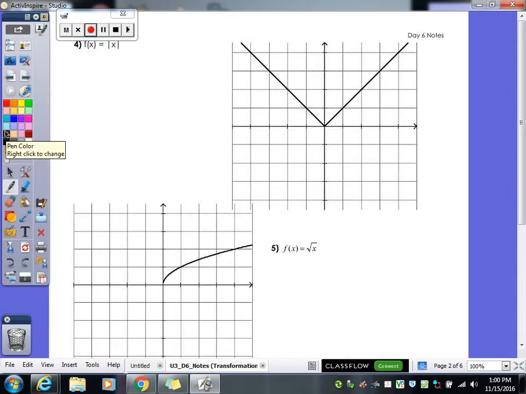All right, number 4, what kind of function is that? Absolute value function. It does have a vertex. So let's start with our x and y-intercepts.